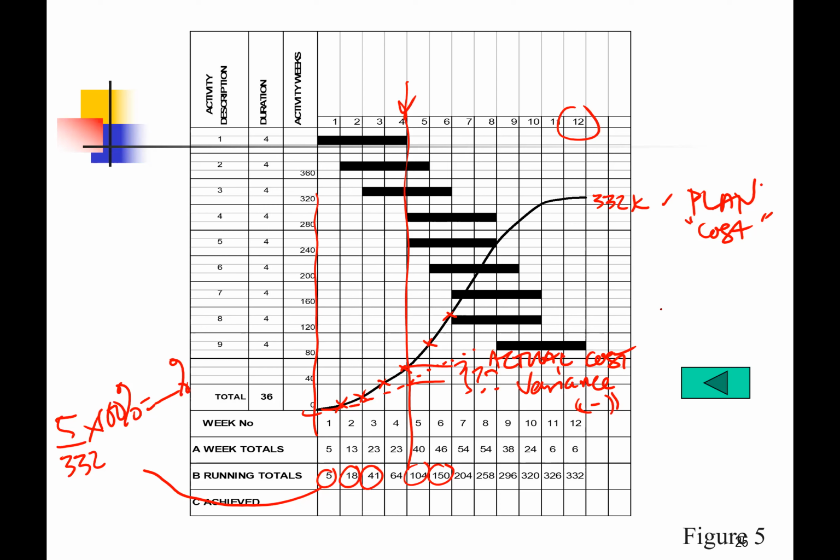When you are running late and want to catch up, what shall you do? You increase the workforce. You increase the number of machines, the capacity of the machines. You don't have any holiday break, etc., in order to catch up. You even work at night, on weekends, and even have shift work.